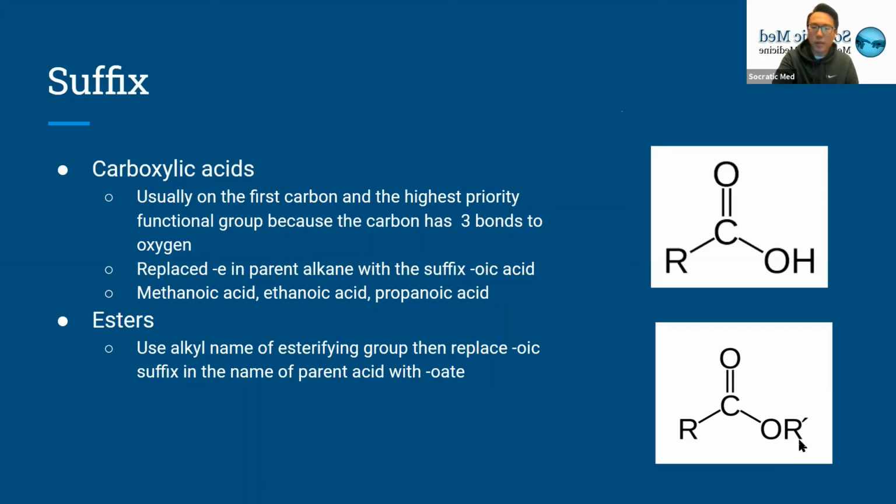So if it's, let's say, methanol attacking this carboxylic acid to create this ester, you would call it methyl, and then whatever acid it is, methyl propanoate, if it was propanoic acid attacked by a methanol. And then on the right is just the general structure of an ester group.